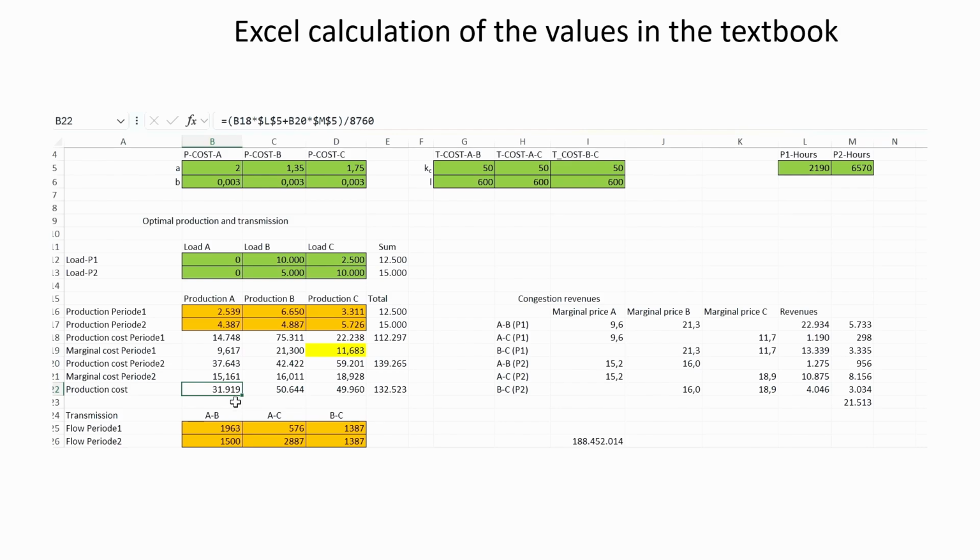What you can see here is that we multiply the price per hour with the number of hours, and then we divide by the number of hours in a year. So here we have the total production cost for unit A per year, here we have it for B, and here we have it for C, and this here is the total cost for all three units.